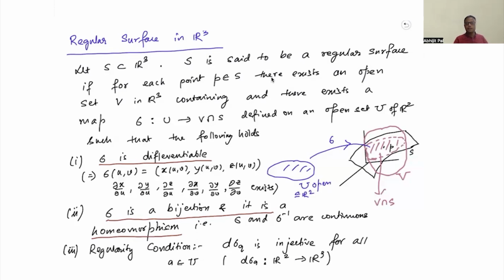Saying that this linear map is injective means that if you take the matrix corresponding to this differential, the rank of that matrix will be equal to 2. All right, so this is the definition of a regular surface. If these three conditions are satisfied, then this S is called a regular surface.